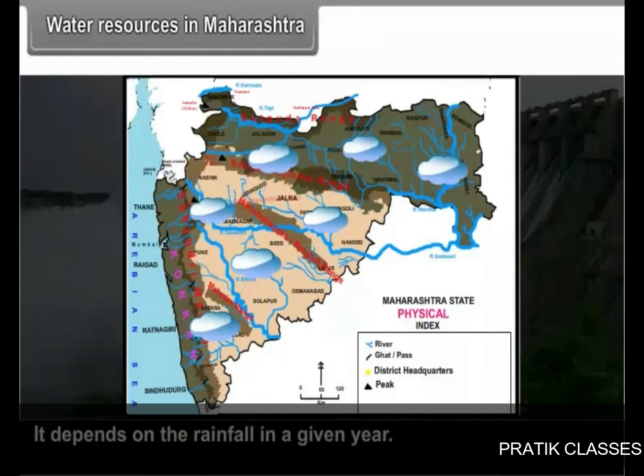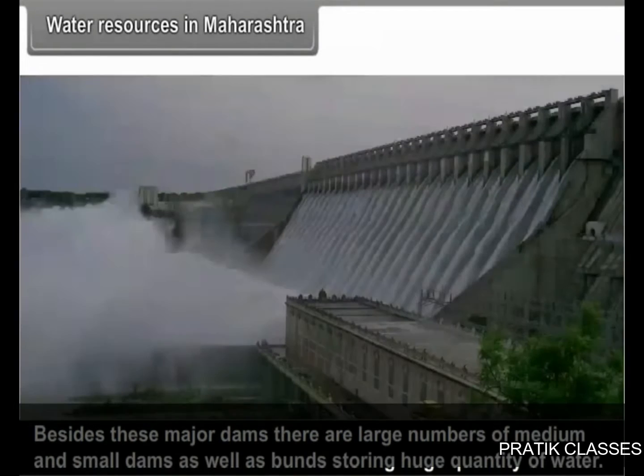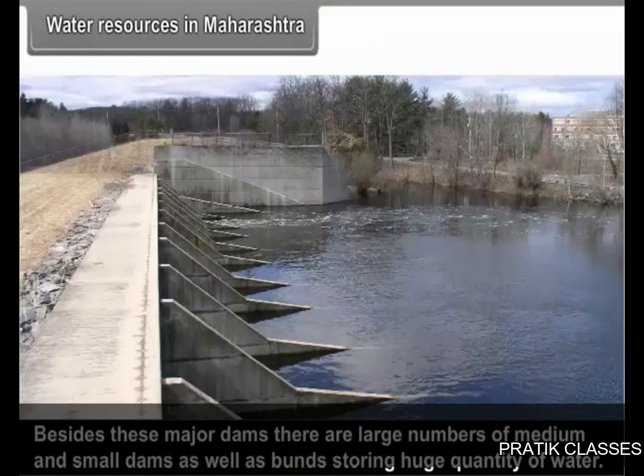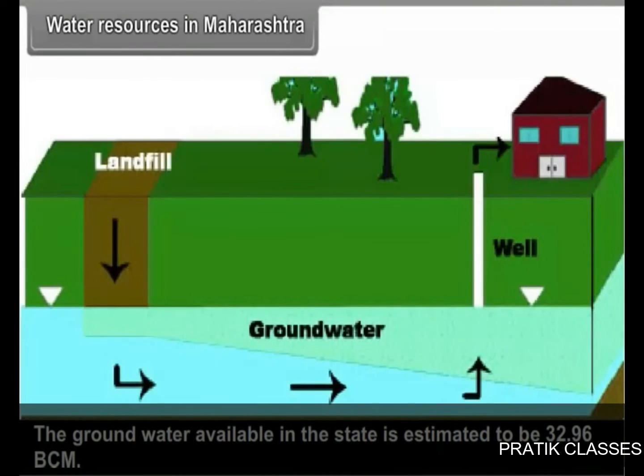It depends on the rainfall in a given year. Besides these major dams, there are a large number of medium and small dams as well as bunds storing huge quantity of water. The groundwater available in the state is estimated to be 32.96 BCM.